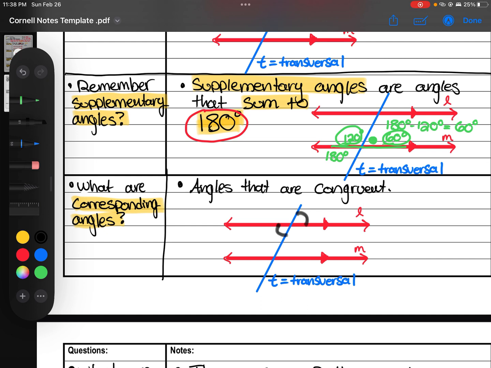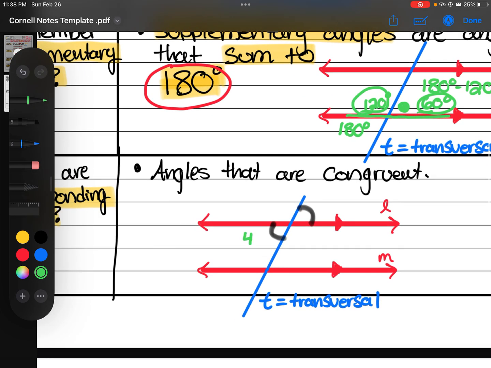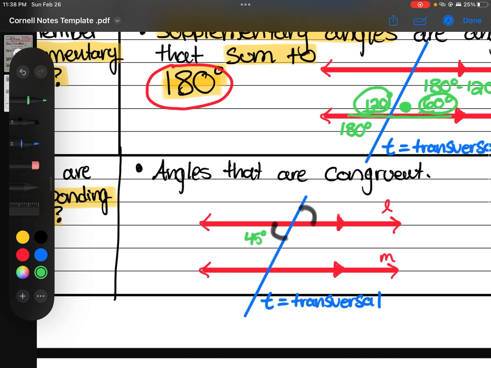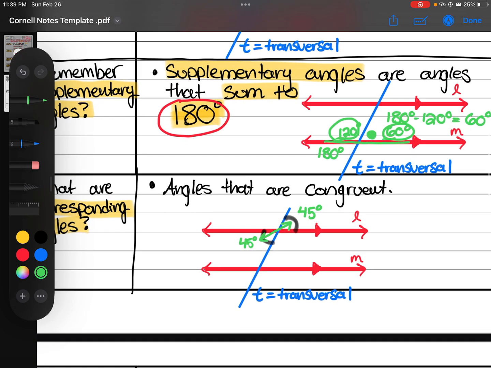They are also corresponding angles because if I tell you this angle is 45 degrees, we know vertical angles are always equivalent or congruent. So this would also be 45 degrees. So these are corresponding angles. They're congruent.